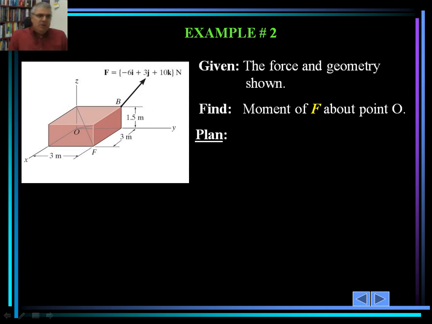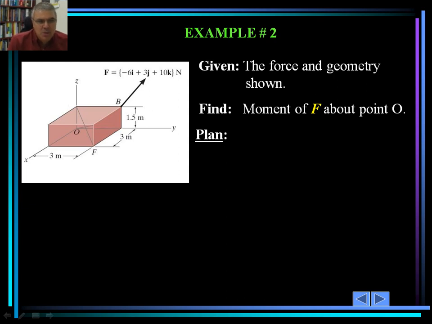Example number 2. Given the force and geometry shown, find the moment of F about point O. This is 3D. As you can see, in order to determine the direction of the moment, the magnitude of the moment about point O due to the force shown acting at point B, things are not as trivial.